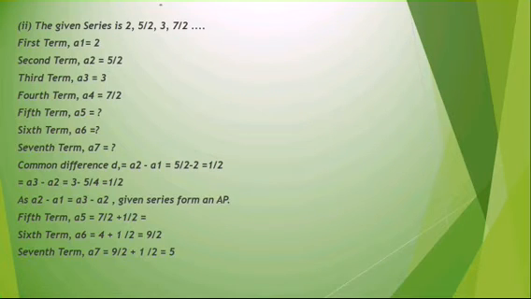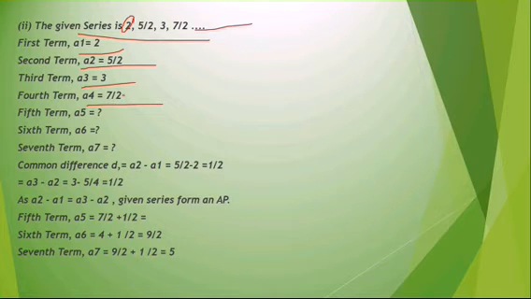The given series is 2, 5 by 2, 3, 7 by 2 and so on. If we consider 2 as first term, then A2 will be second term, that is 5 by 2, A3 is 3 and A4 is equal to 7 by 2. We need to check whether they are in AP or not first.